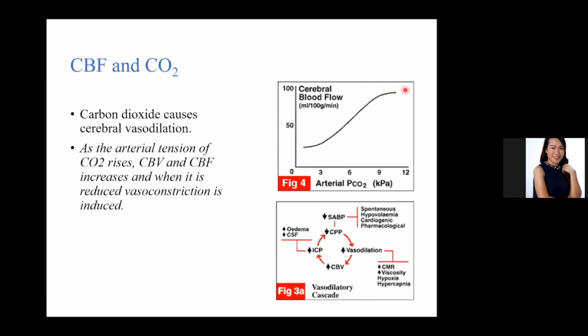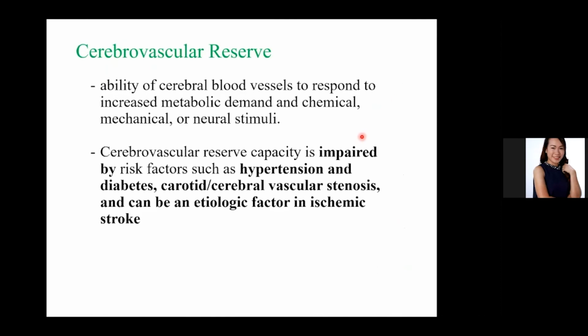Next slide. We have what we call your cerebrovascular reserve. Reserve means in excess of what is normally being sent, we still have what we call reserve. So this is the ability of cerebral blood vessels to respond to increased metabolic demand and chemical, mechanical, or neural stimuli.